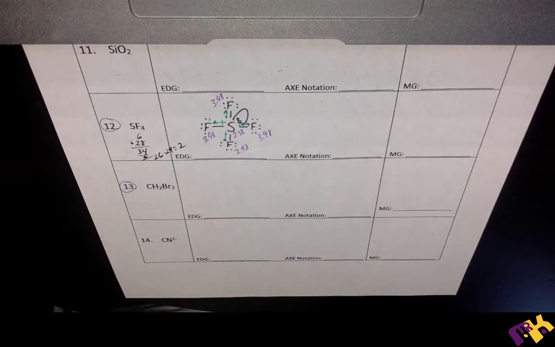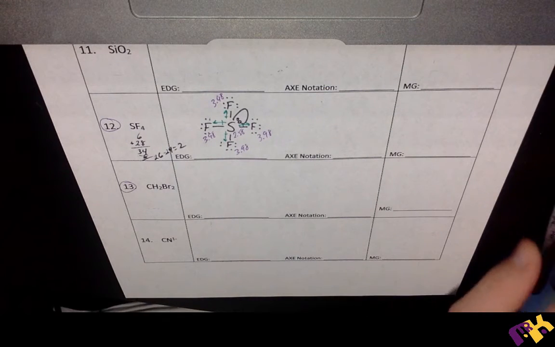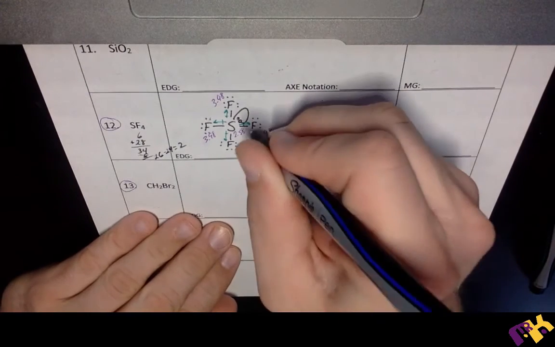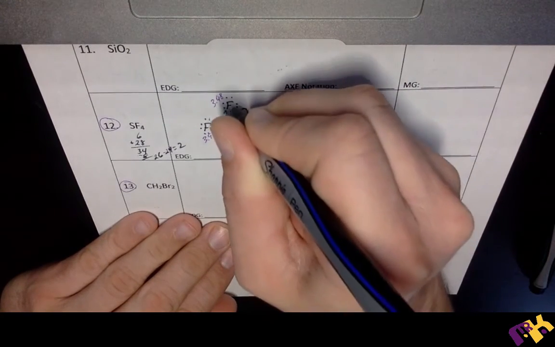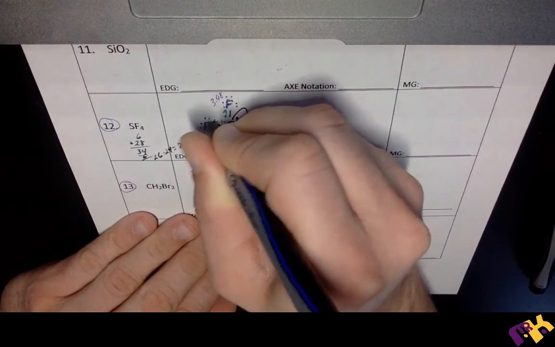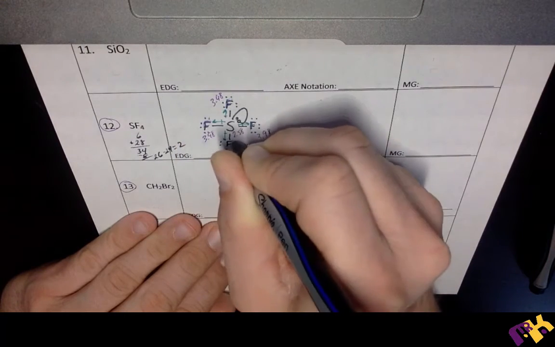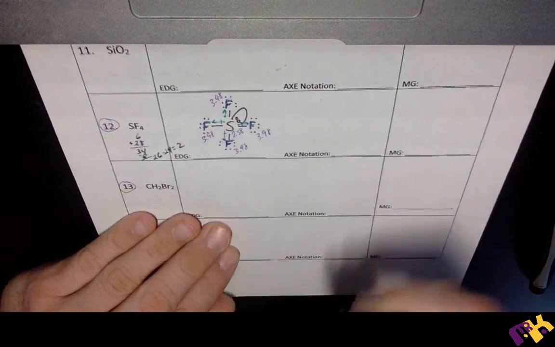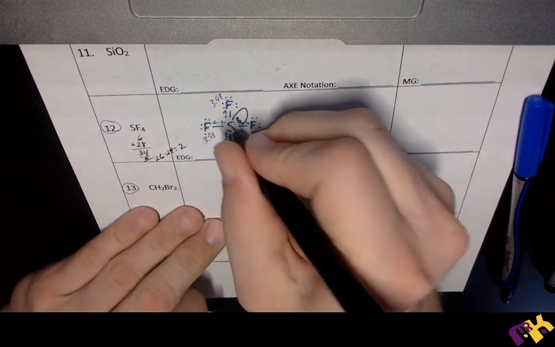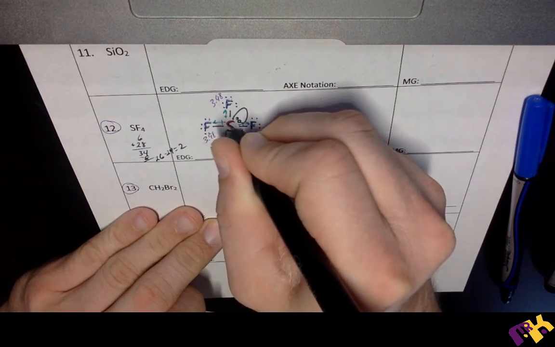All right, let's see. We should also do our color coding for our atoms. Fluorine, again, we'll get the blue shading around it because it is the higher electronegative atom here. And sulfur, with its lower EN value, will get shaded in red.